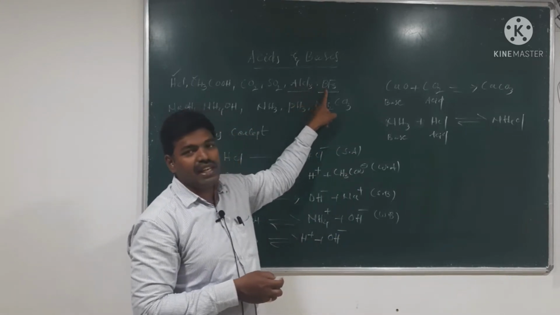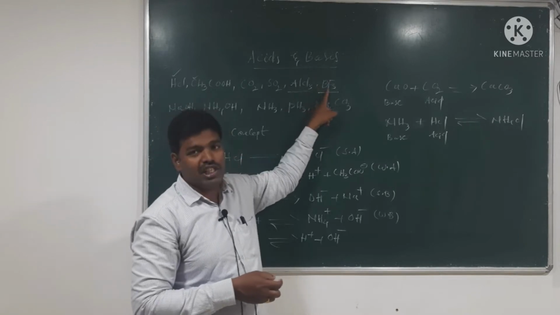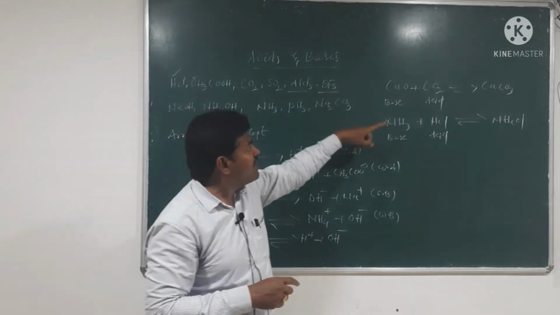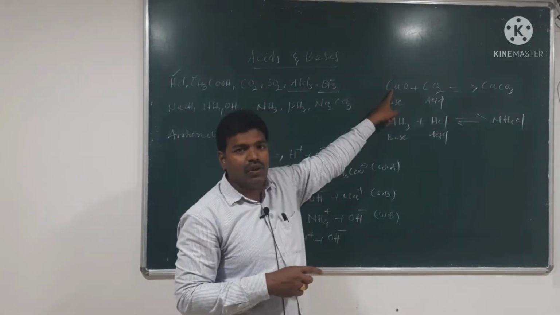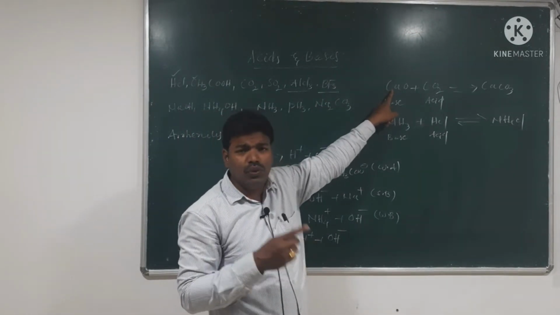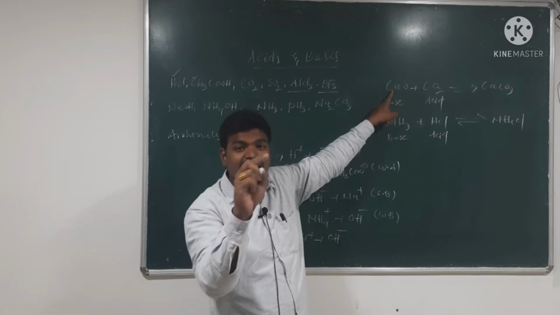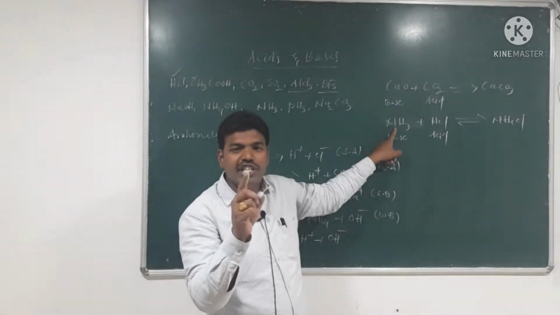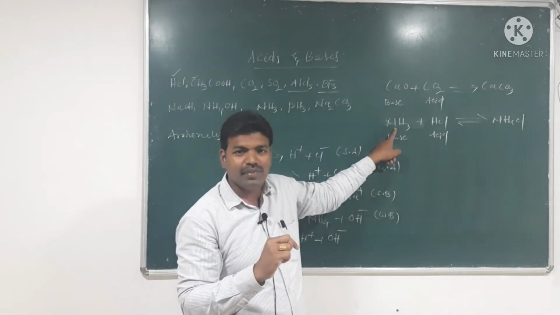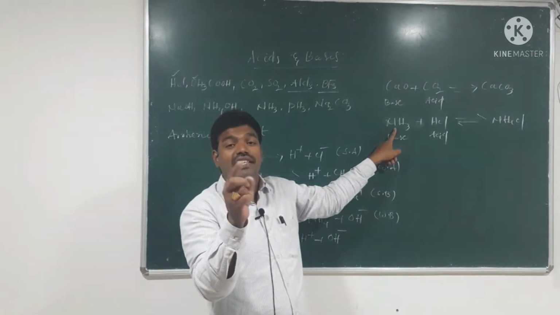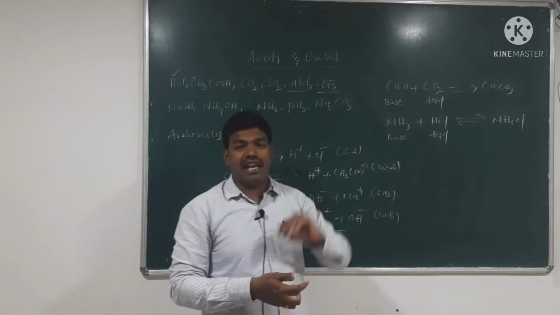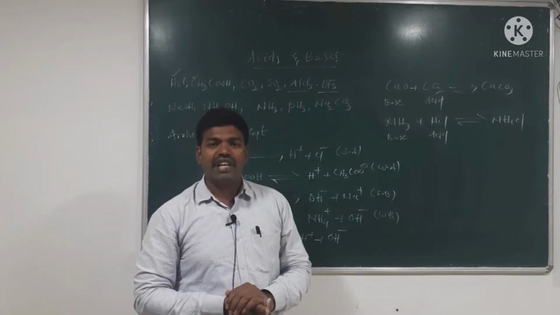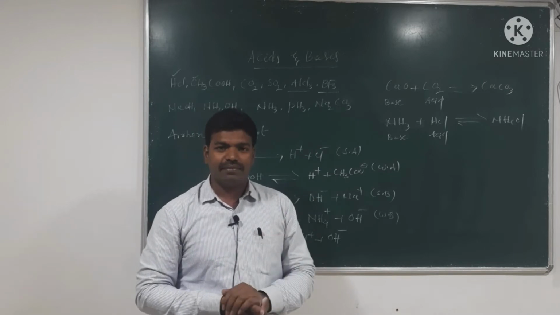AlCl3 and BF3 do not have H plus ions, but they act as acids, and CaO could not have OH minus ions, but it acts as a base. NH3 could not have OH minus ions, but it acts as a base. So Arrhenius theory fails to explain these compounds. Why? How do those compounds act as acids or bases?